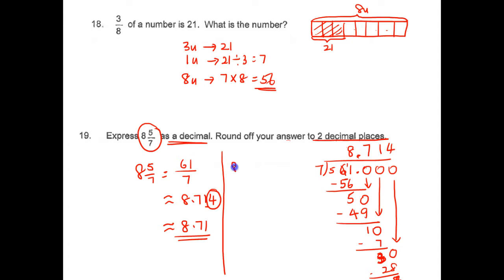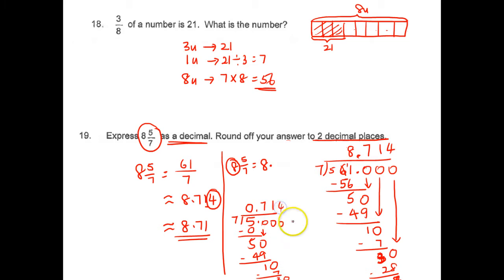Alternatively, I know that 8 and 5/7, this is 8 whole. So 8, then I divide 5 divided by 7. 0 times 7 is 0. 7 times 7 is 49. 1 times 7 is 7. 4 times 7, 28.